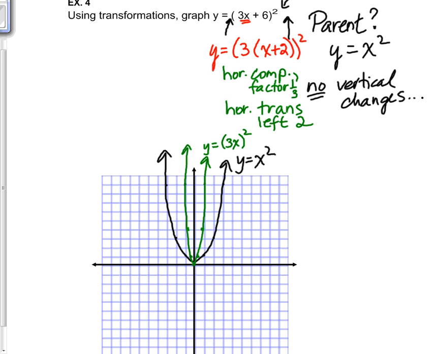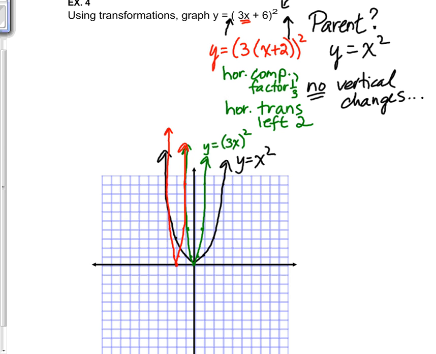My last one will be where I put the other bit with it, where I take everything and move it to the left 2. I take the points that are easy to see. I'm going to take my vertex and move it to the left 2. The points (1, 9) and (-1, 9) were quite easy to see. So I will put that there and that one there. I will draw my tall, skinny parabola with the same shape, and that will be my transformed function.